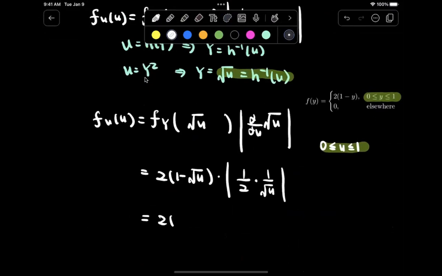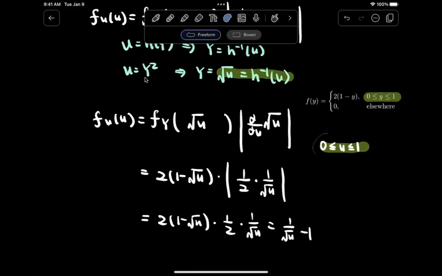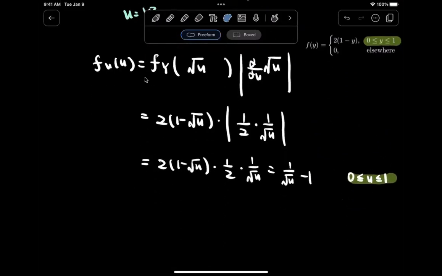So we can get rid of the absolute value. And in the end, we're going to get 1 over the square root of u minus 1. However, we have to pay very close attention to the fact that u can only take values between 0 and 1. So let's say for 0 less than u less than 1.